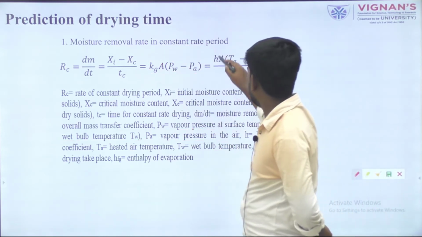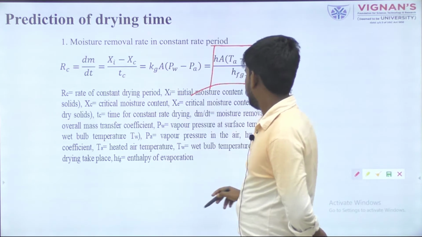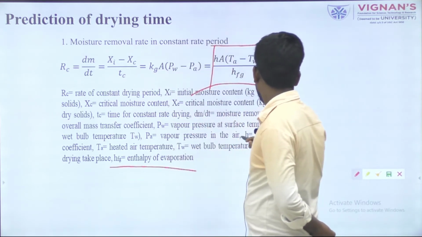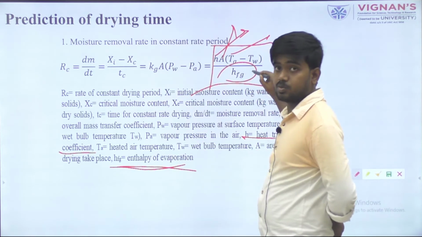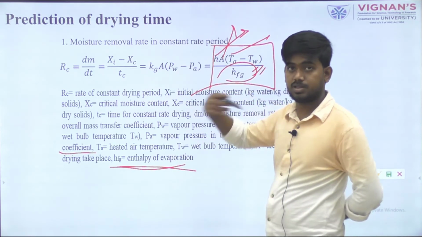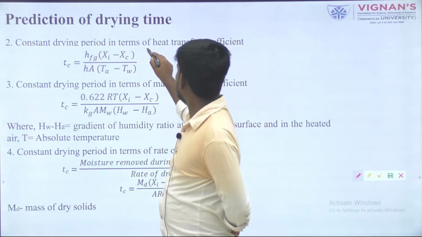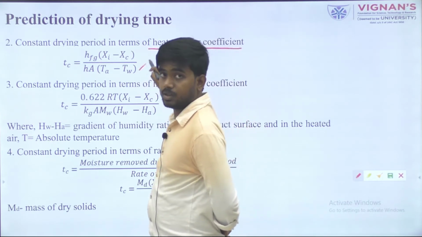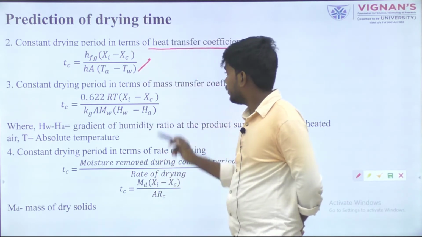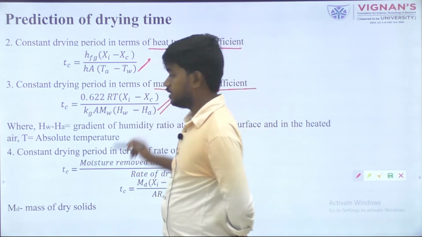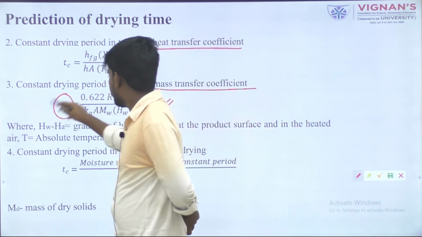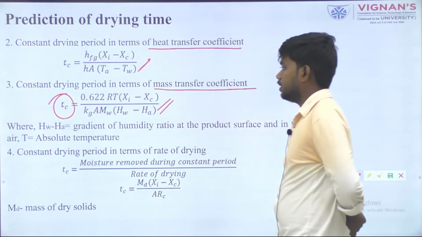Then, if we apply the enthalpy value and heat transfer coefficient value, we can use this formula for calculation of the moisture removal rate. Using the heat transfer coefficient, we go for this equation, and when the mass transfer coefficient value is given, we use this formula to calculate the moisture removal time.